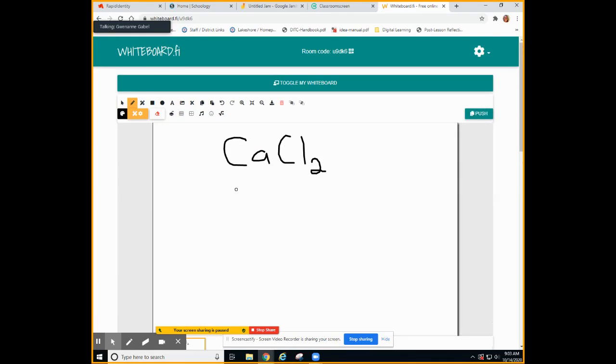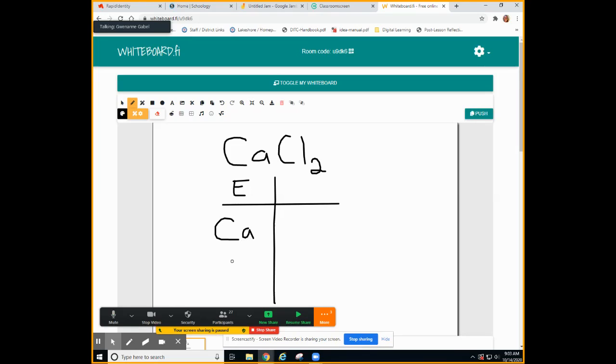All right, my turn. So I'm going to make my T-chart. And we do our elements first. Capital letters only. So Ca is 1 element. Calcium. Cl is 1 element. Chlorine.